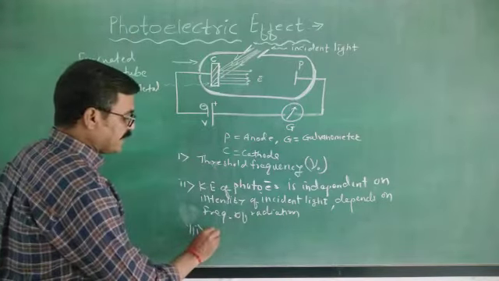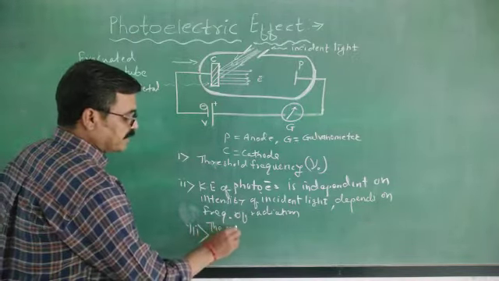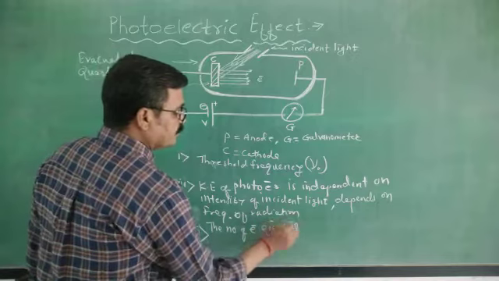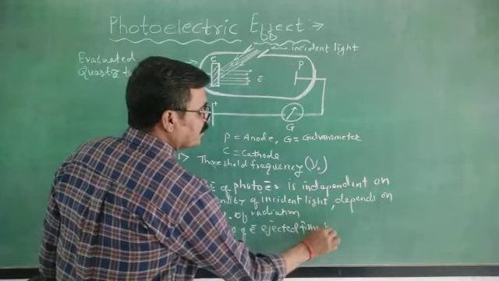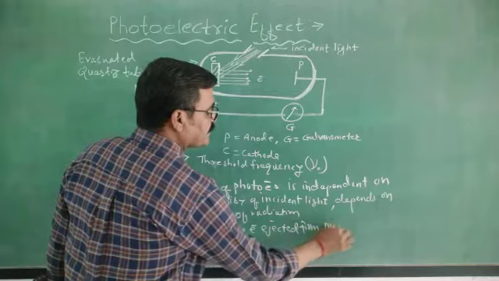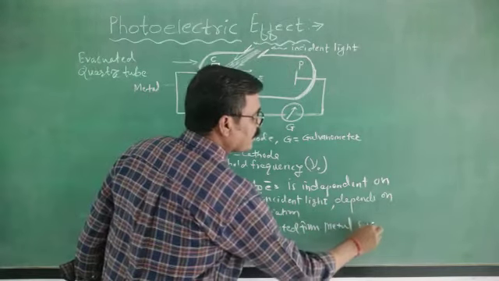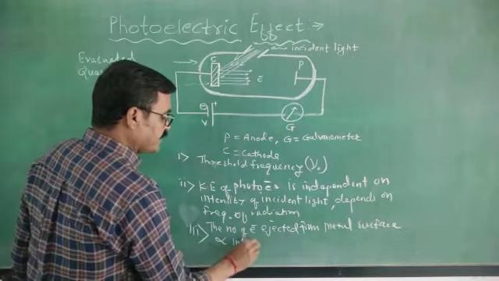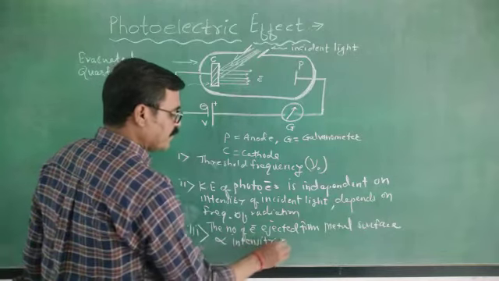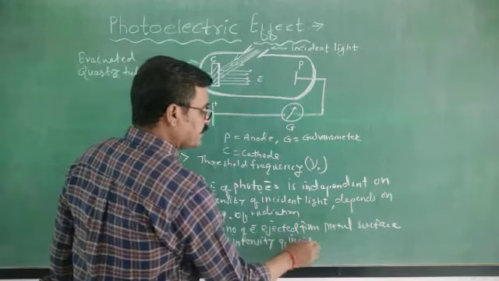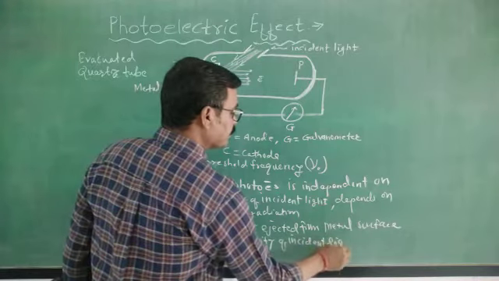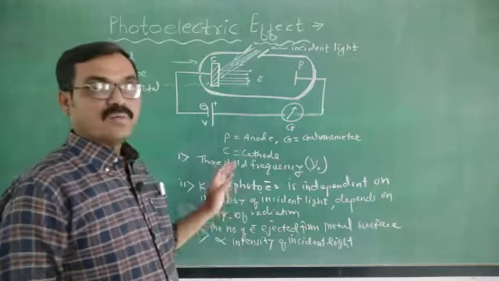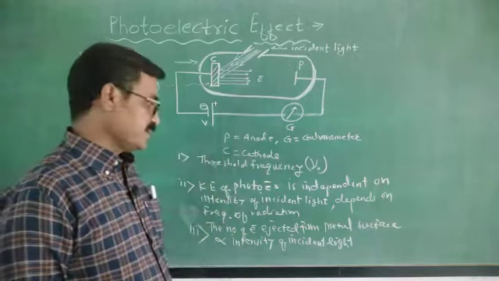Means the number of electrons ejected from the metal surface is directly proportional to the intensity of incident light. Means as the intensity of incident light increases, more electrons are ejected from the metal surface.